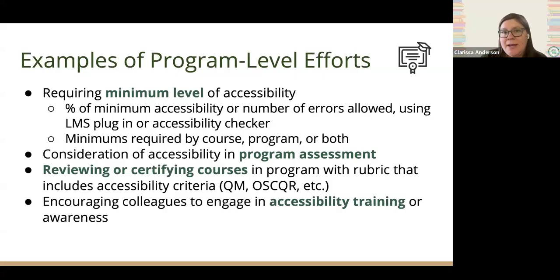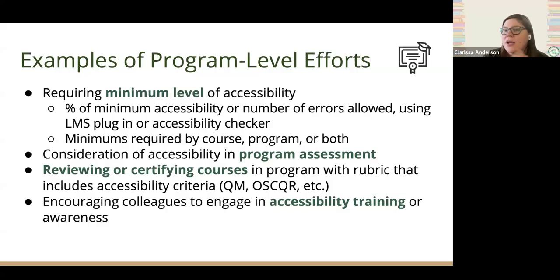Let's say you're a Quality Matters institution. If you are wanting to pursue more certification, that means that, because the standards focus on accessibility, the program will be a lot more accessible because it is being assessed with those standards.